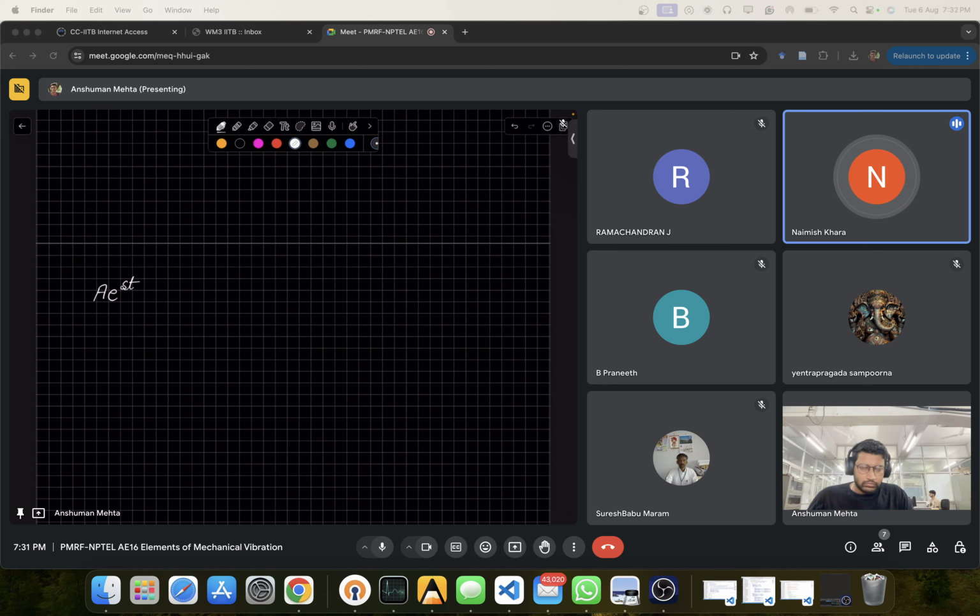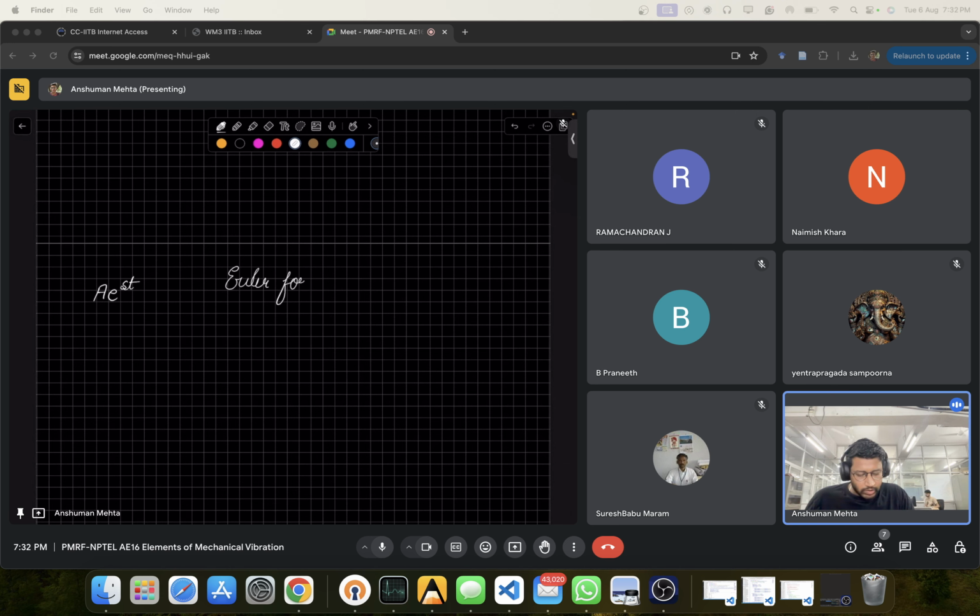Hmm. So do you know about Euler's formula? Like all the exponential things you can convert into trigonometric formulas, you know? Yeah, e raised to i theta can be converted into sine and cos. Yeah, this thing.